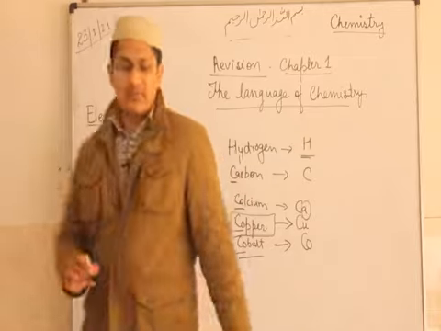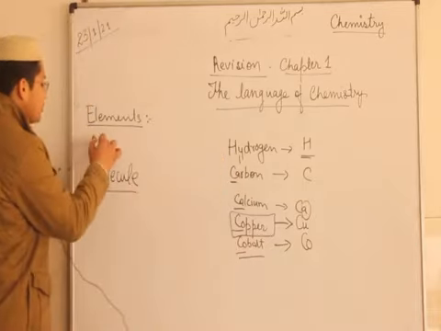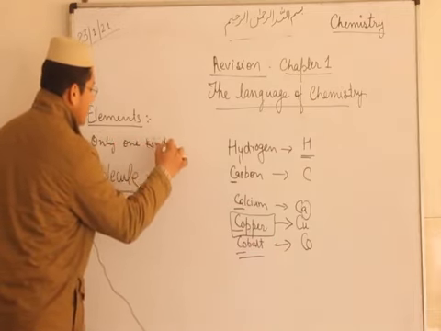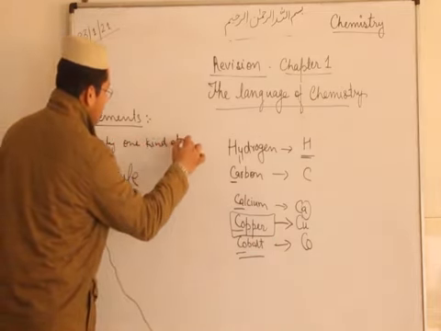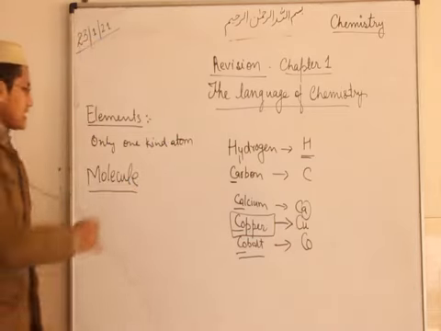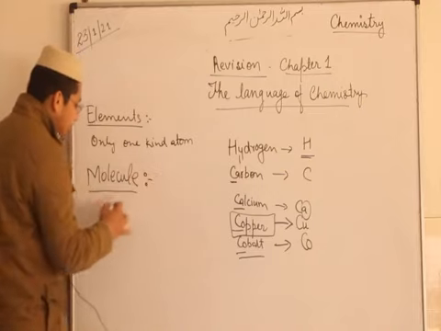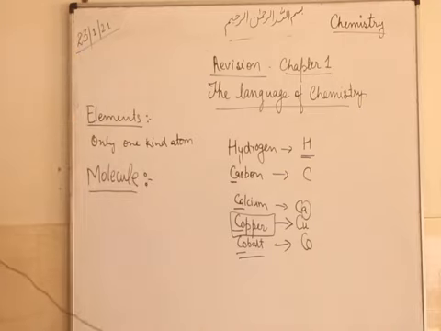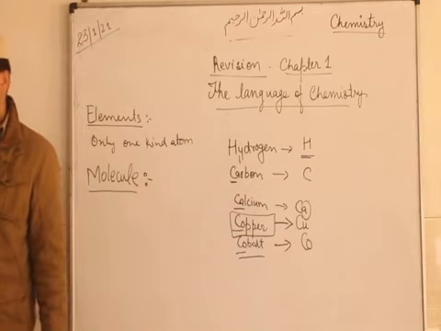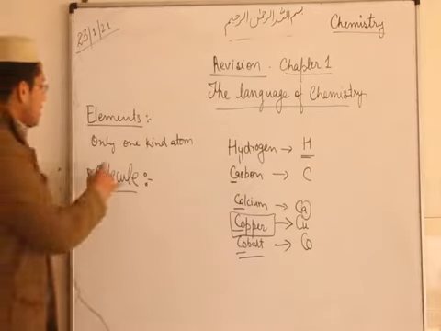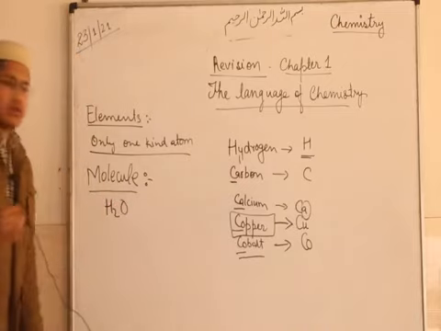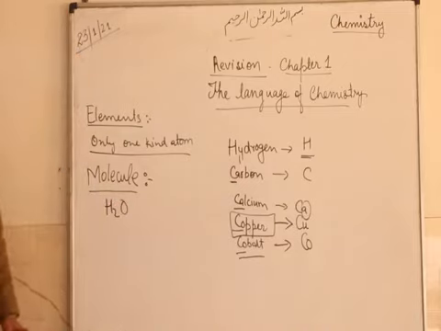In the case of an element, in simple words, there is only one kind of atom. Means the atoms should be of the same shape and same properties. But in the case of a molecule, the atoms which are combining may be of different shape, different size. Means you can say H2O. H2O is a molecule.